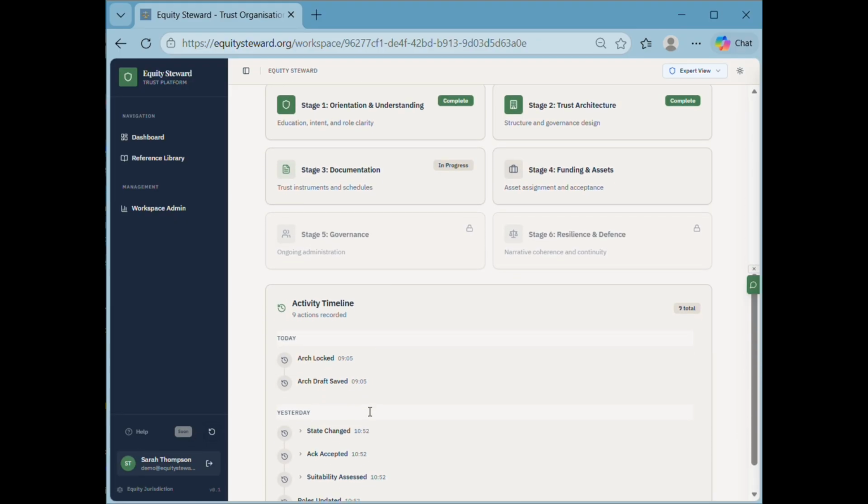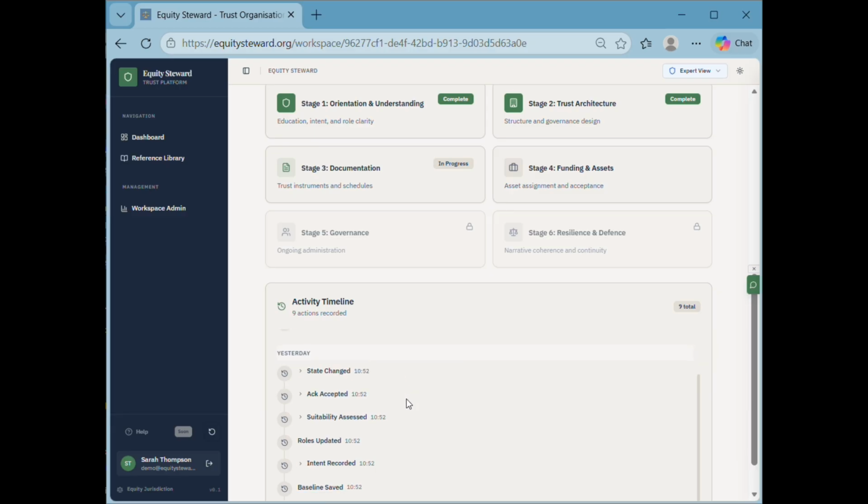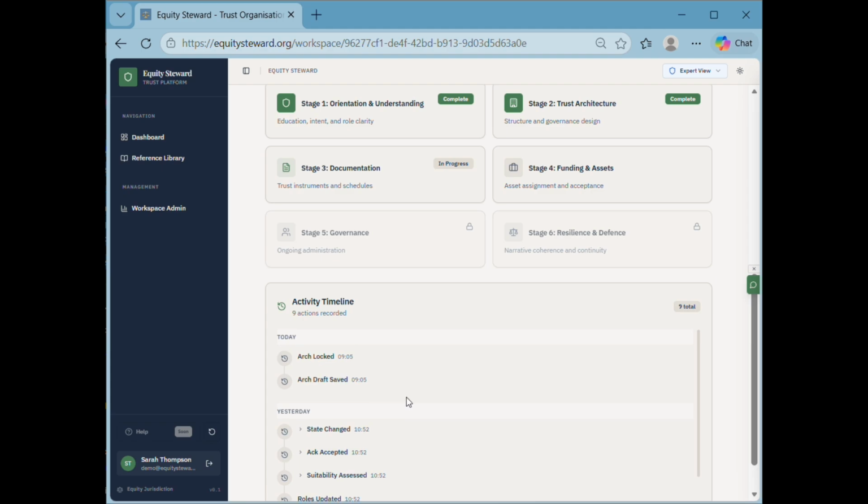Instead, they create a new version while preserving the earlier structure. This creates a clear audit trail of how the trust's architecture has evolved. That distinction between original structure and later revision is important for maintaining the integrity of the administrative record.